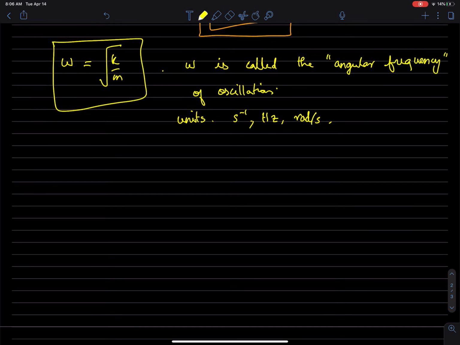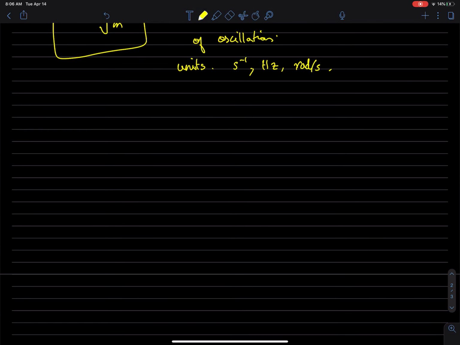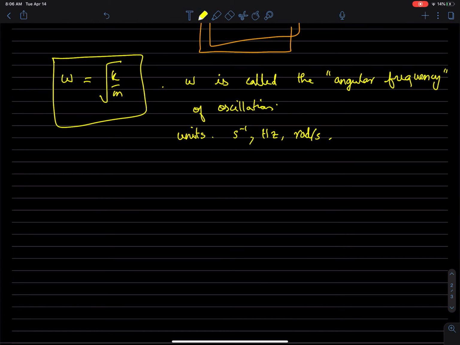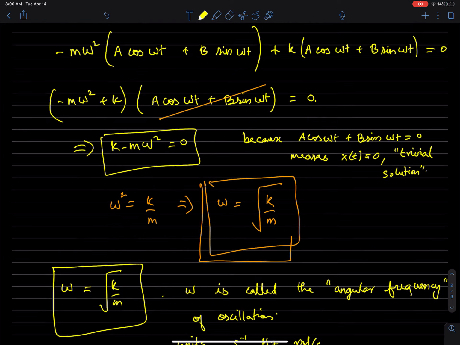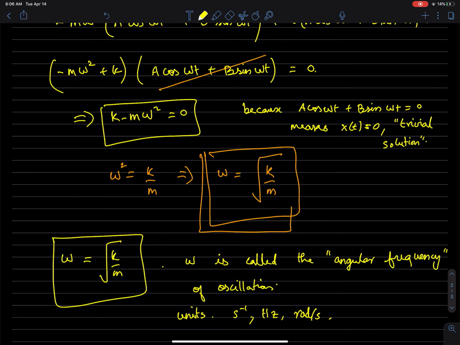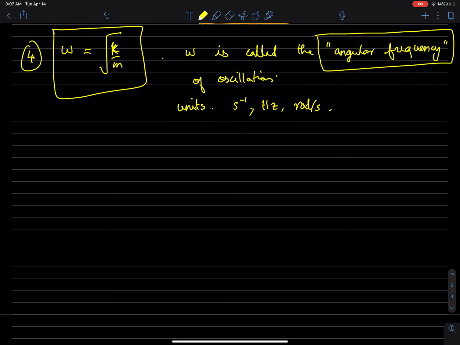Recall, radians is not really a unit, so radians per second is the same as per second. These are all exactly the same units. Anyway, omega has those units. Let's talk about what omega means in a second. So let's leave that aside and denote that expression as the angular frequency. This is the definition, or the relationship, for the angular frequency.